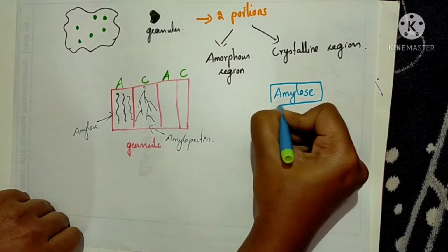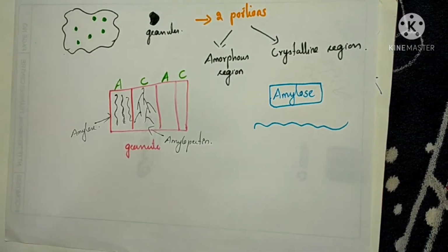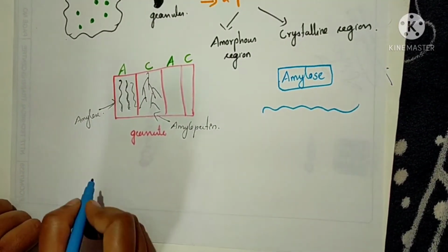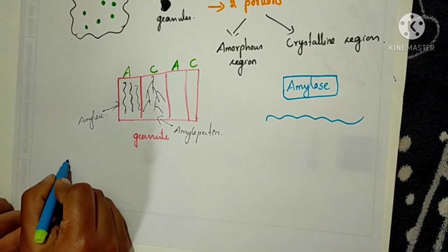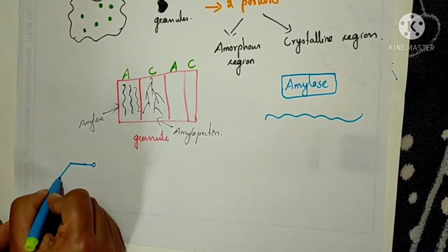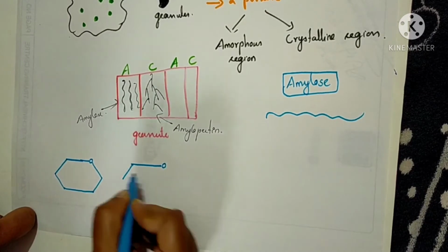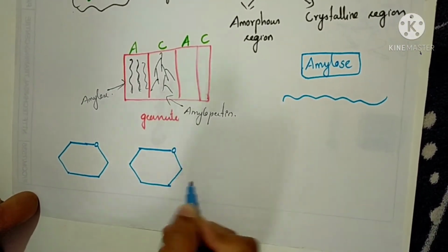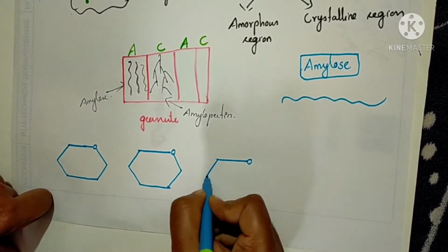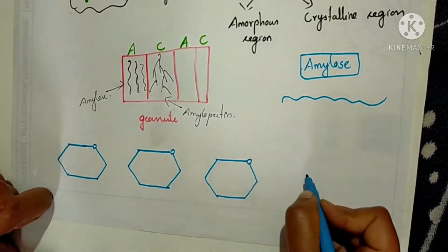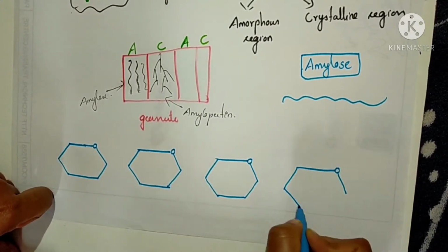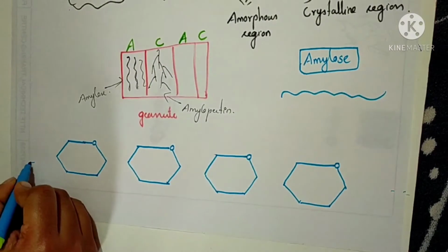Let us draw the structure of amylose. It is a linear unbranched structure. To make the drawing easy, let us draw the outline of several glucopyranose ring structures in a straight line.